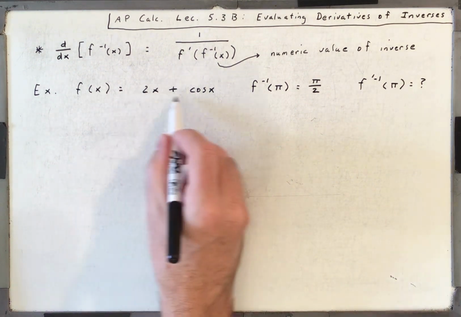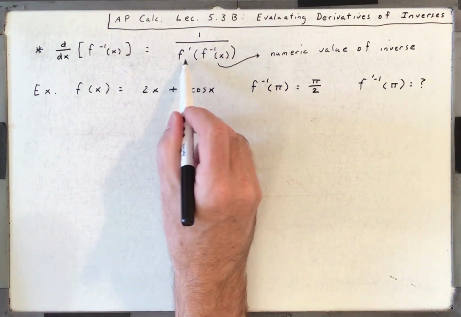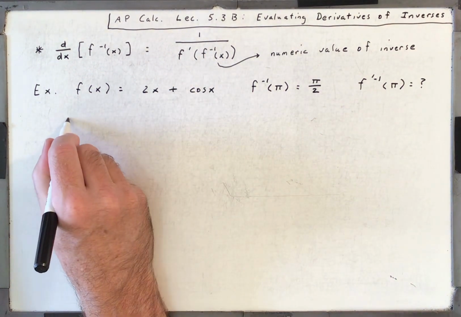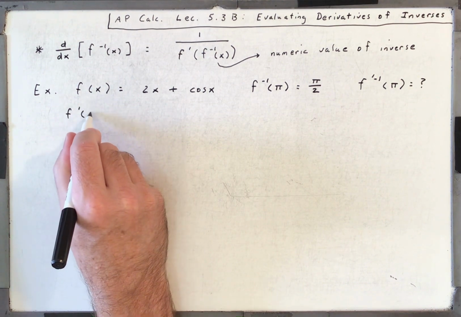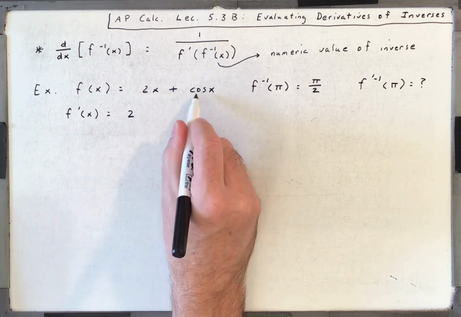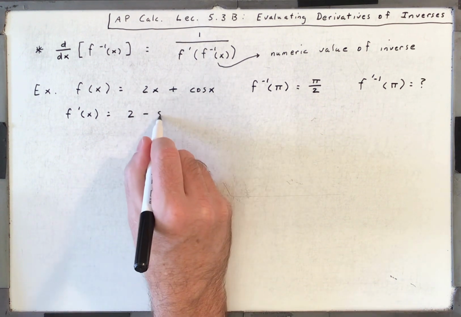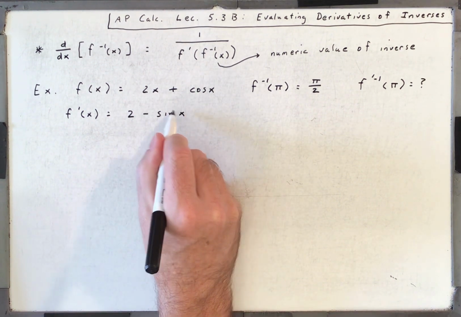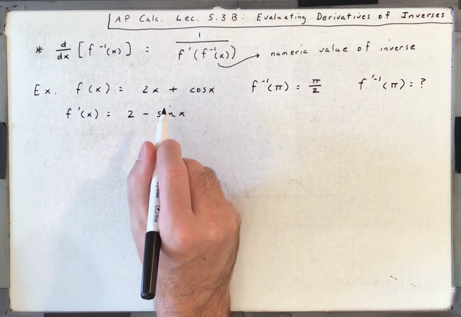So first, we need to take the derivative. We're going to use this formula. We have to get f prime, so always start just by getting the derivative. All right, that's going to be 2. Derivative of 2x is 2, and derivative of cosine is minus sine x.